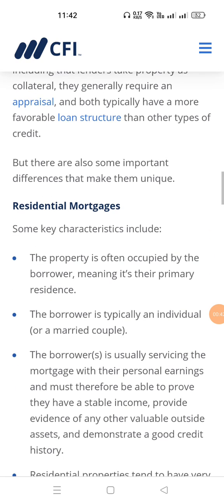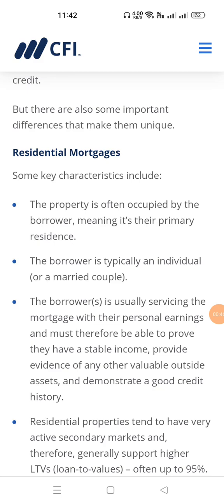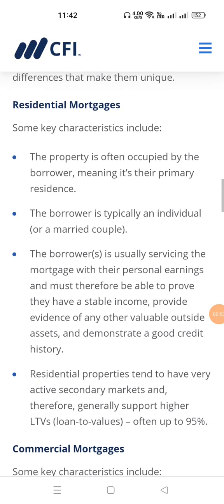Residential mortgage, some key characteristics include: the property is often occupied by the borrower, meaning it's their primary residence. The borrower is typically an individual or a married couple.